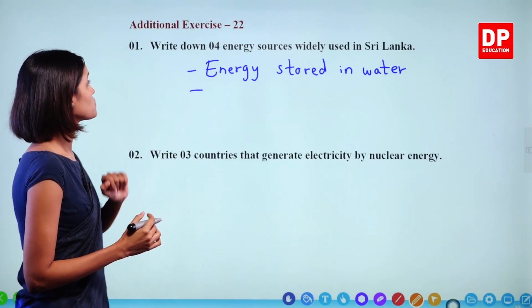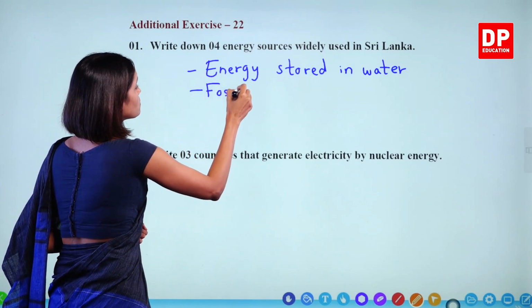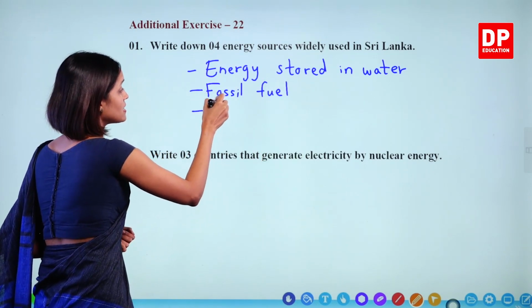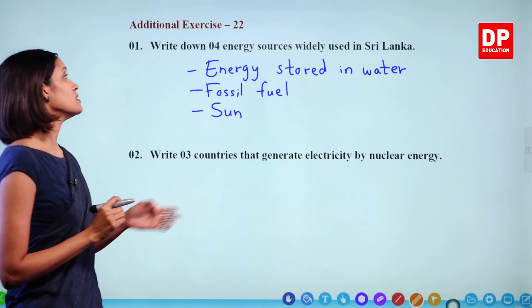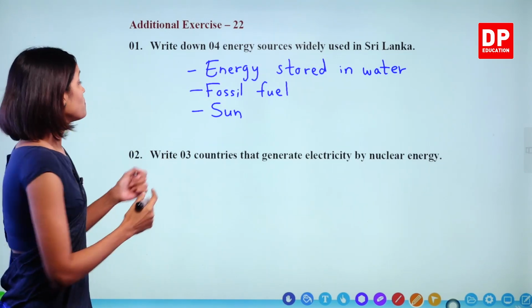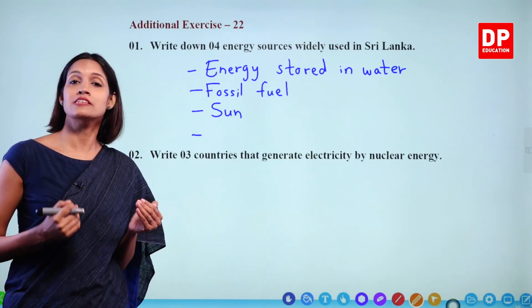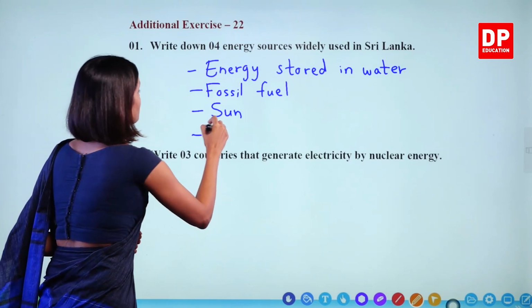Therefore, fossil fuels are also another energy source. And we use solar energy as well. Therefore, sun is the next widely used energy source. And biomass is also used, children. In rural areas, people still use firewood as biomass. Okay? Firewood.